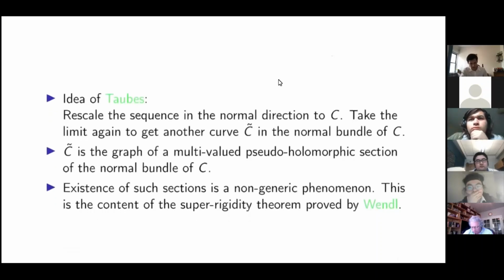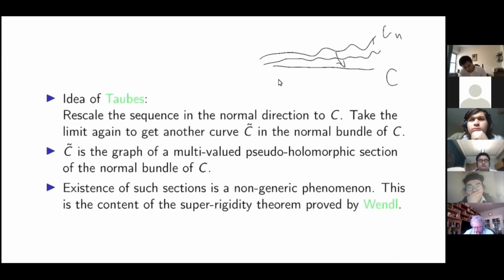So once we get this limit, we can use an idea of Taubes. I have this limiting curve C, and I have a sequence which converges to that, so which collapses to C. What I can do is look at the tubular neighborhood of that curve and start rescaling in the normal direction.